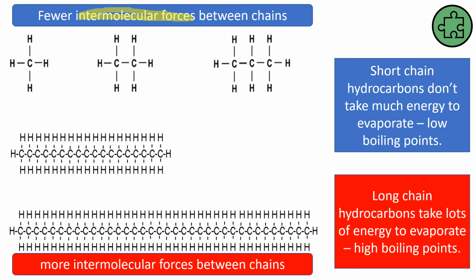Whereas you can imagine, because these molecules are much bigger, the attraction between these molecules is going to be much stronger. They have more intermolecular forces, it's usually more, to be honest with you, between these two chains here, and therefore it's going to take a lot more energy to overcome that force, and to boil it.